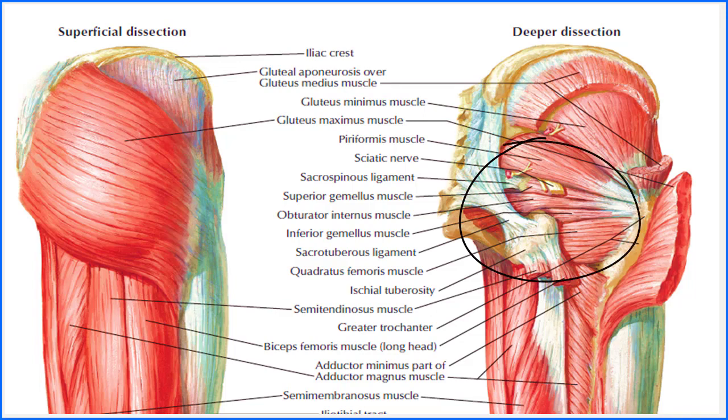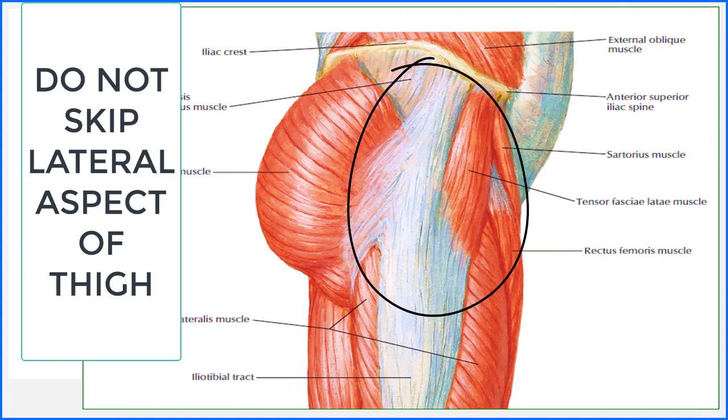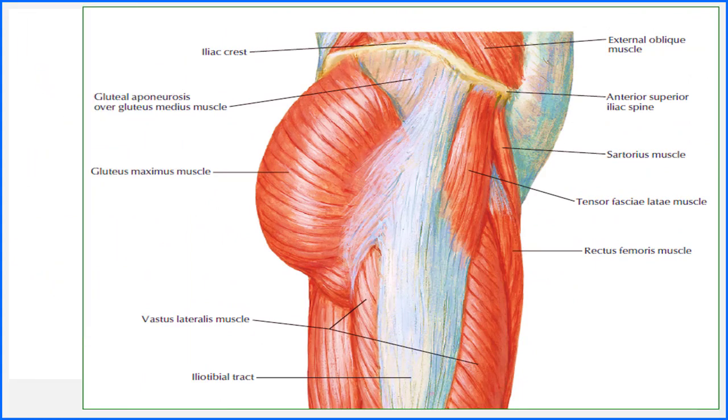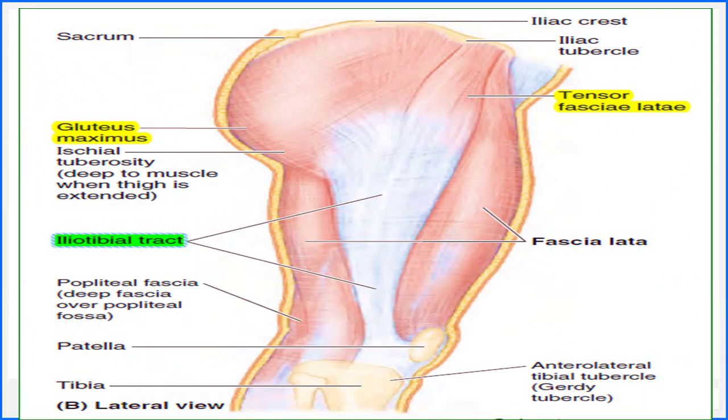Another important point while doing the gluteal muscles is not to skip the lateral aspect of the thigh, because on the lateral side there is a small muscle of the gluteal region that we name as tensor fasciae lata, and you can see this muscle on the lateral aspect as we can also see in this image. Another hint: if you find difficulty in finding the tensor fasciae lata muscle, just focus on the iliotibial tract.